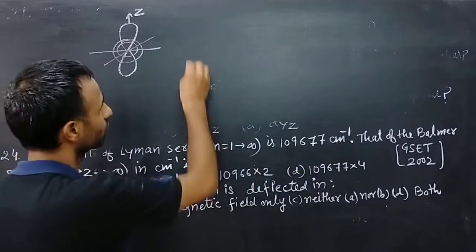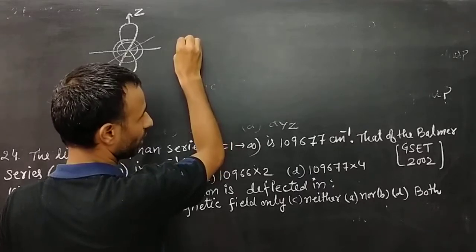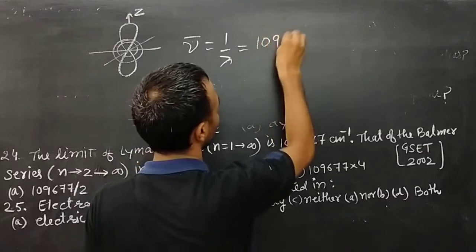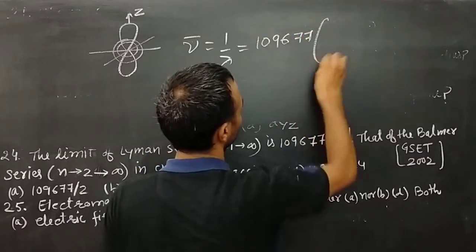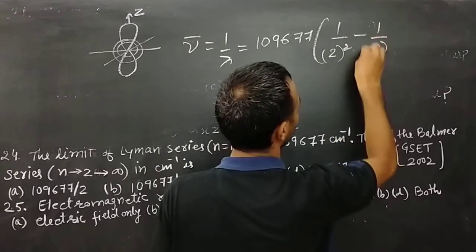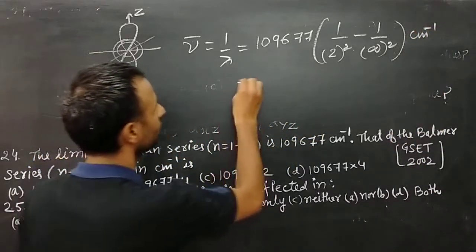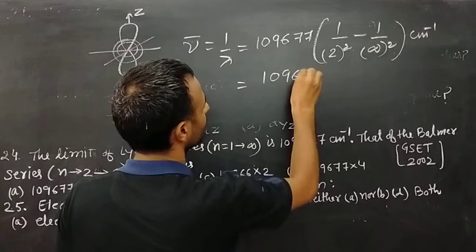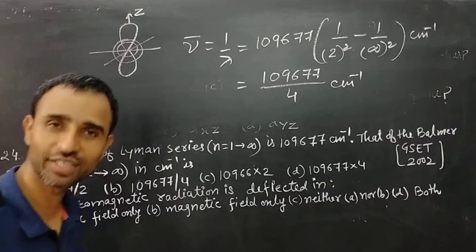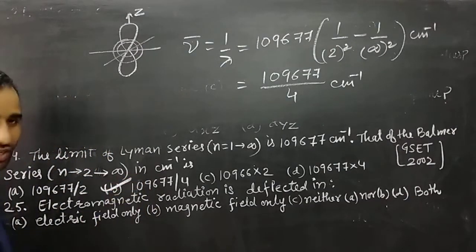So 1 upon lambda, nu bar, is equal to 109,677 into 1 upon n1 square minus 1 upon n2 square per centimeter. That implies it is equal to 109,677 divided by 4 per centimeter. That's it. Easy. So that means option B is correct.